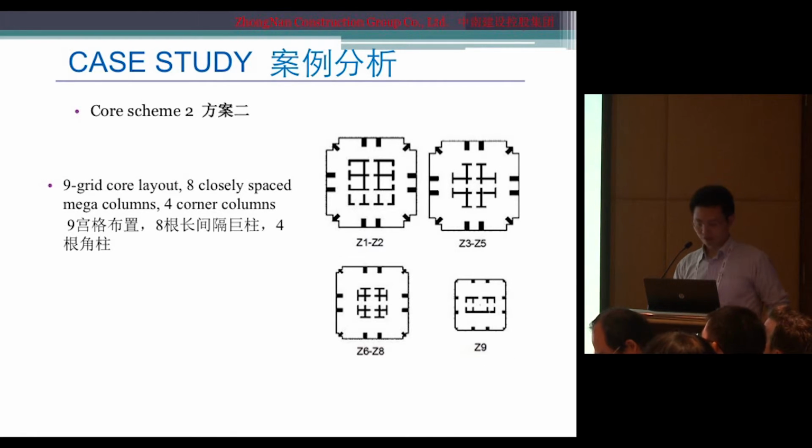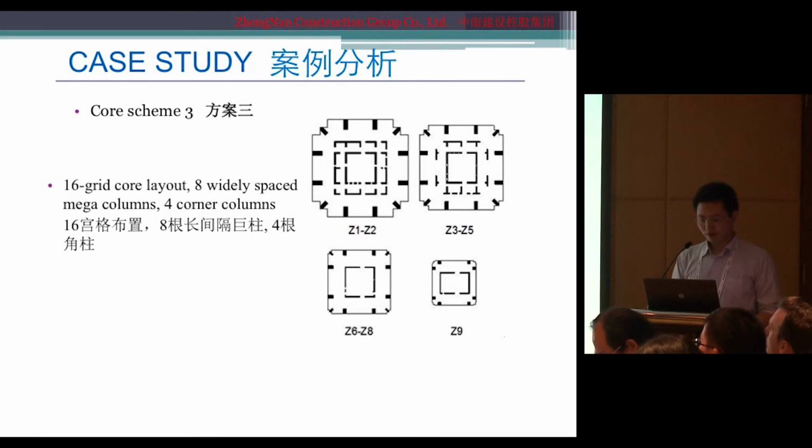And this is the second proposal, which is a 9 grid core layout, and the 8 mega columns are facing the middle 2 walls of the core.